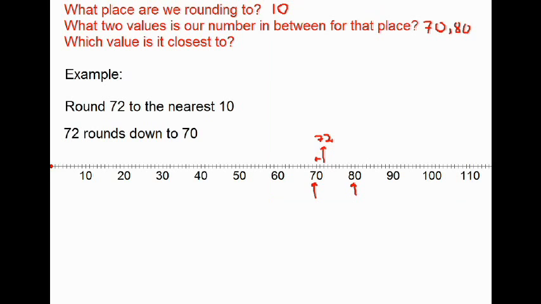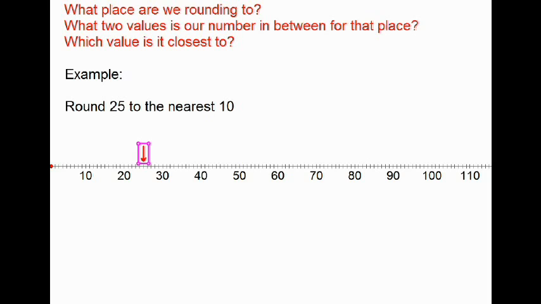Let's look at one more example, rounding to the nearest 10. Now we're being asked to round 25 to the nearest 10. Again, my number line is counting in tens. The first question we ask ourselves is, what place are we rounding to? We're rounding to the nearest 10, and here our number line is counting in tens, and 25 would be right there.